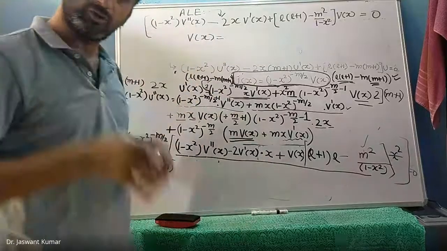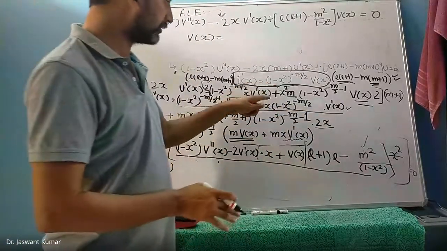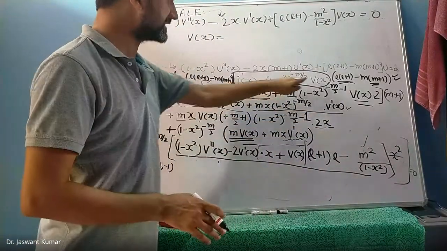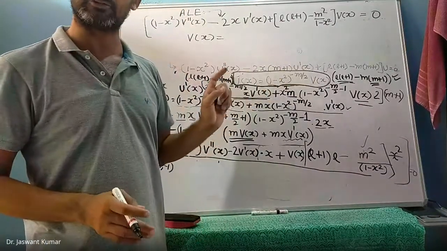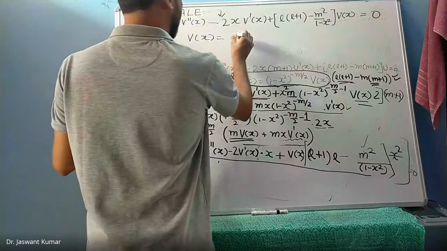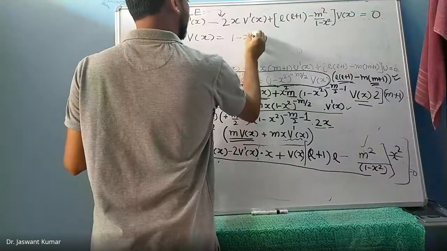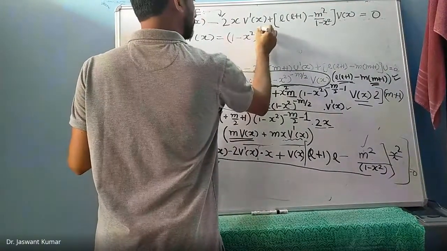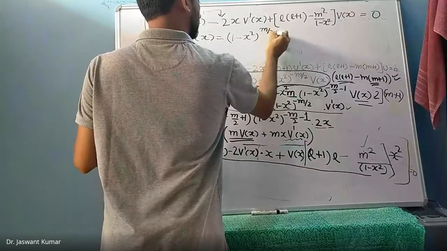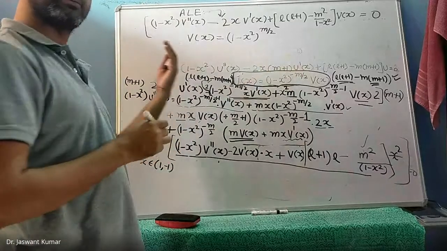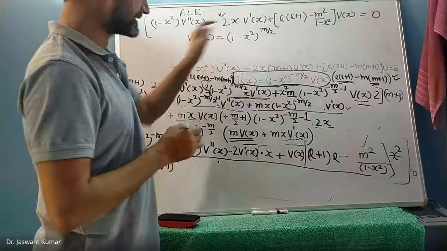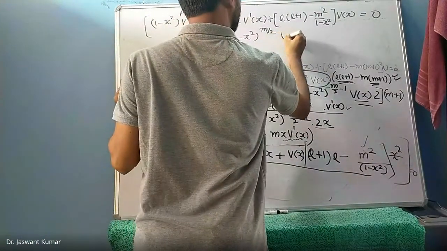But we already know what v of x is. From the definition, u of x is equal to 1 minus x squared to the power minus m by 2 into v of x. So v of x by definition is 1 minus x squared to the power plus m by 2 times u of x. This was a minus m by 2 on the v of x side; we take it to the other side.